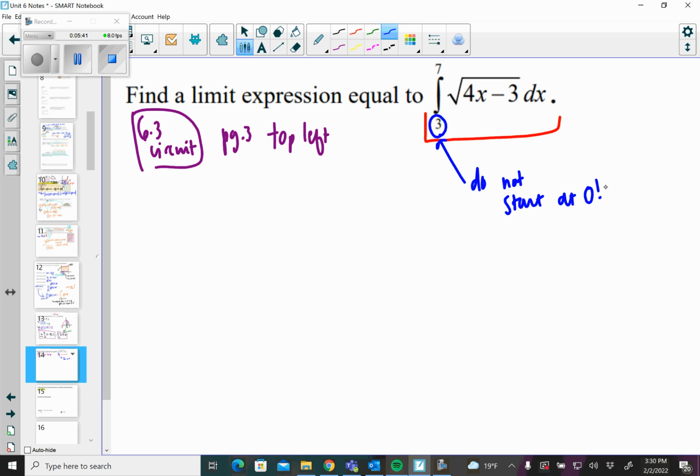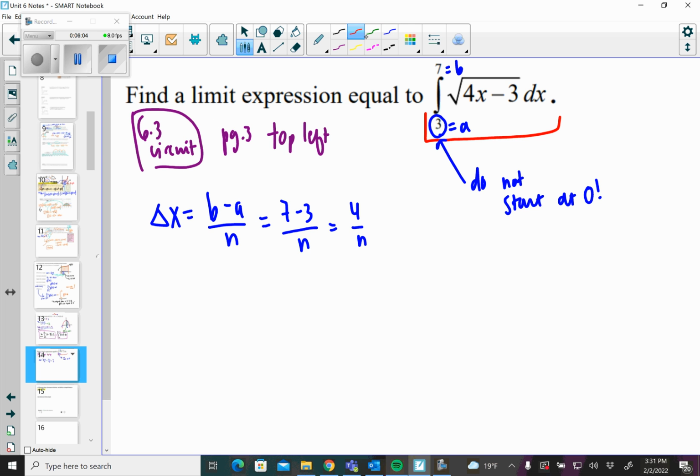The other thing is I know pretty quickly a and b. So my change in x, my delta x, would be b minus a divided by n, or in our case, 7 minus 3 divided by n, or 4 over n.